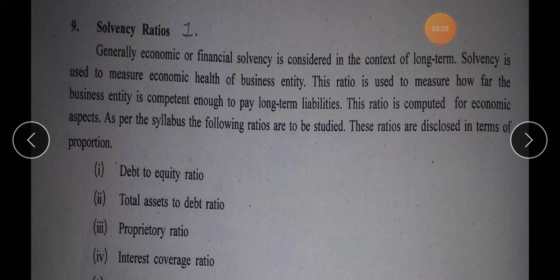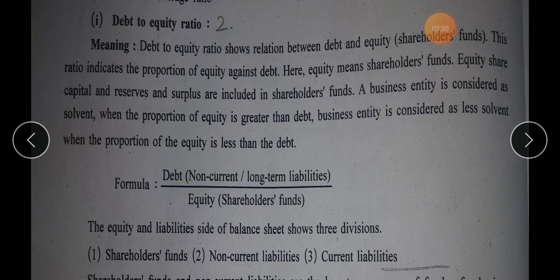All right? So starting with debt to equity ratio, it is again given on the same page, page number 228 in your textbook. Debt to equity ratio shows the relation between debt and shareholders' funds. Now this is a liability. What are shareholders' funds? That will be explained to you.